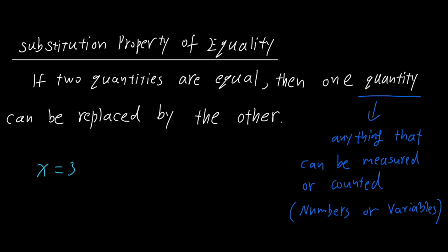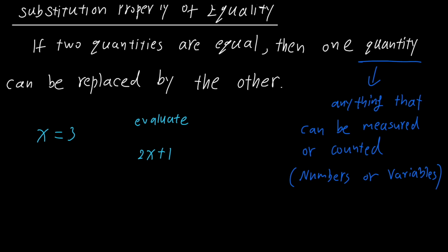So let's say I want to evaluate this algebraic expression 2x plus 1. So I can replace this variable x with this number right here. So let me clear that. Okay, so that will be 2 times 3 plus 1.